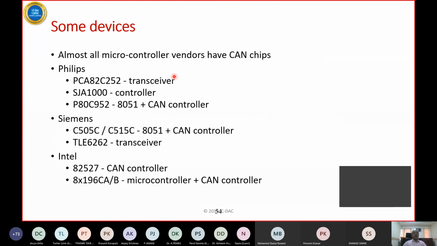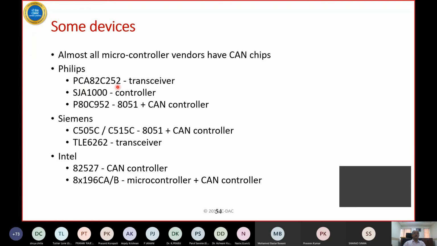Now, if you look at the physical layer, you will find that if you take Atmel AVR, Microchip PIC controllers, or ARM processors, they will have CAN chips. Almost all microcontrollers will have a CAN controller. If they do not have a CAN controller, you can take a CAN controller externally, like the Siemens 505 or SJ1000 or SJ1100.